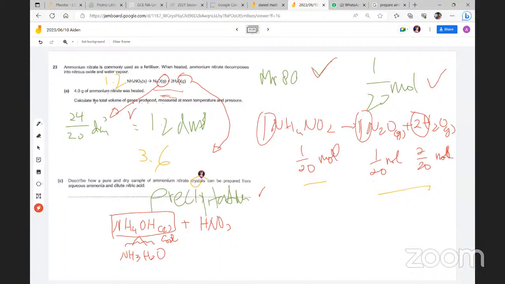This one says crystals. Crystals is something you get from something aqueous and then you dry it. Crystals are not originally insoluble. Crystals are originally soluble. Then you dry it to get the crystals. Oh, but crystals are solids, right?